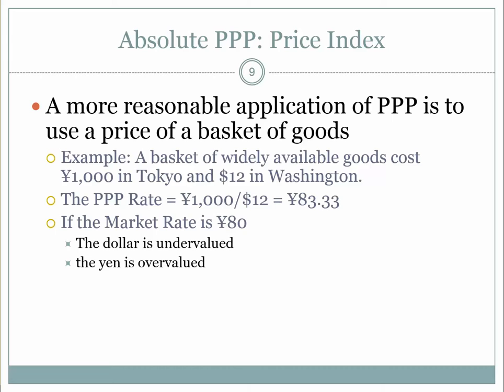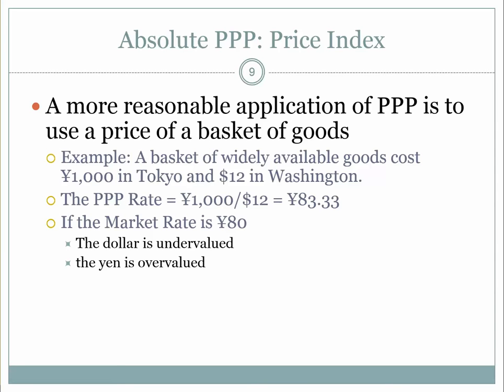So that's the absolute version, or absolute PPP. It just simply says that the exchange rate has to be the ratio of the prices of a traded good, otherwise there'll be arbitrage. And if it doesn't, the exchange rate will adjust. Now there's a better version of PPP, and it doesn't rely on prices of, say, Big Macs or Cokes. And that is, you just take a basket of many goods.